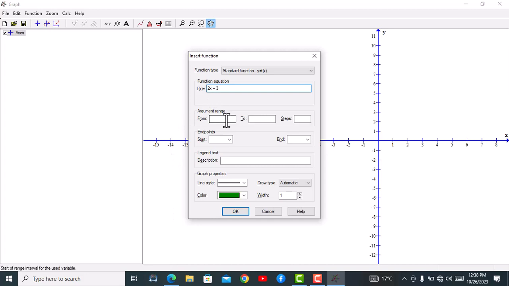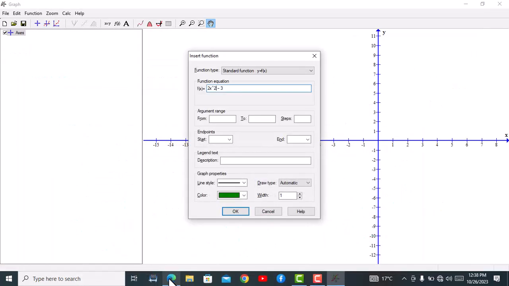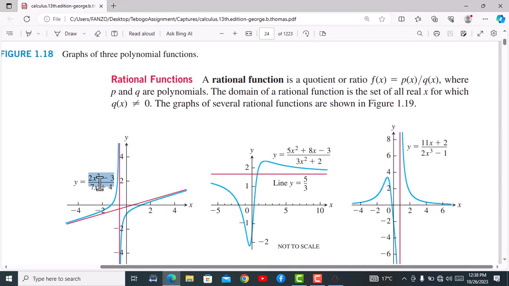So let me just have a squared there. 2x squared, sorry, 2x squared minus 3. So let me just do this. Let me insert this inside of the brackets, because I'm going to use the division line here. There it is. And what I'm going to do is to take this one.